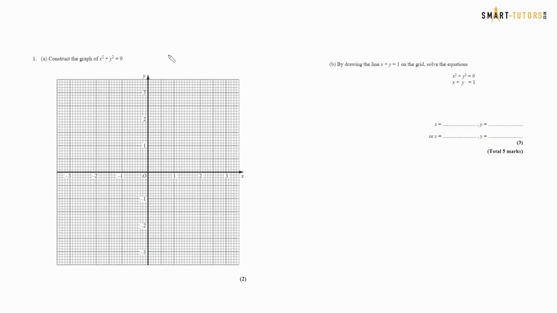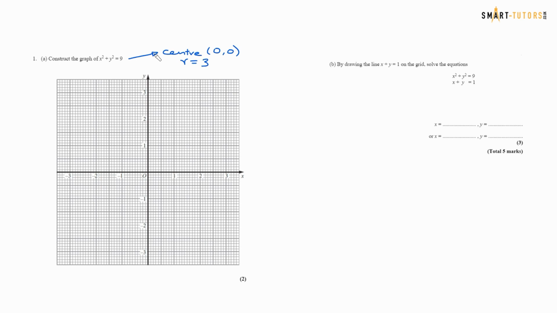Question number 1. Construct the graph of x squared plus y squared equals 9. For this circle, the center point is (0, 0) and the radius of the circle is 3, since the square root of 9 is 3.